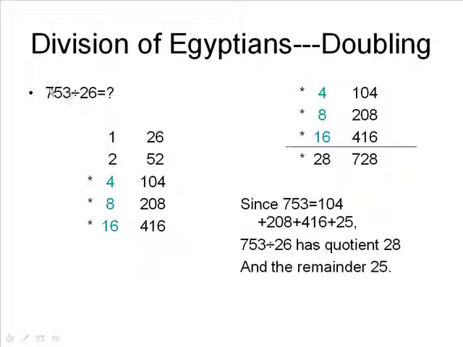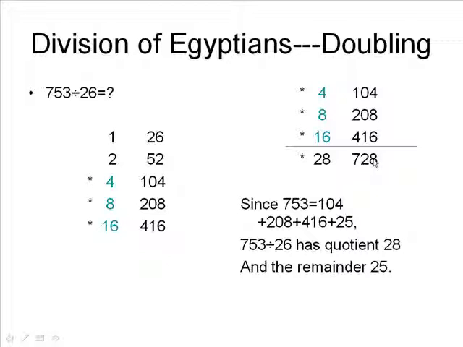Because the dividend is 753, we try to pick numbers from the second column and make 753, or a number very close to 753. So we picked 416, 208, and 104, and we add them together to get 728.